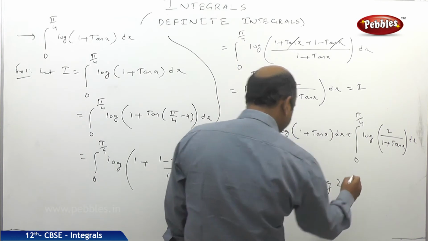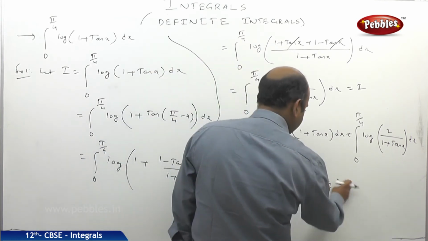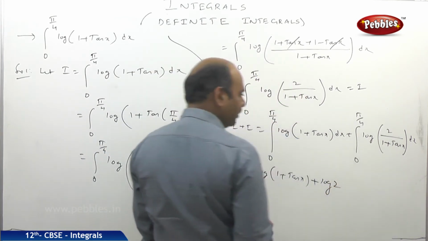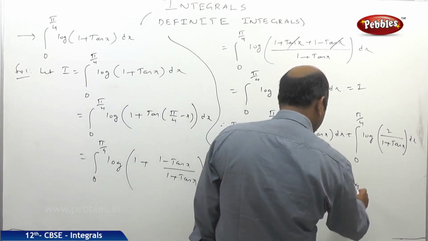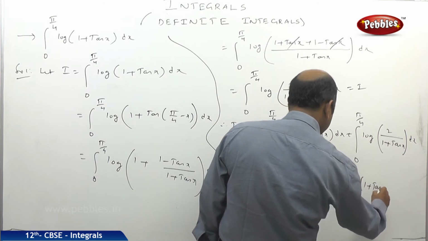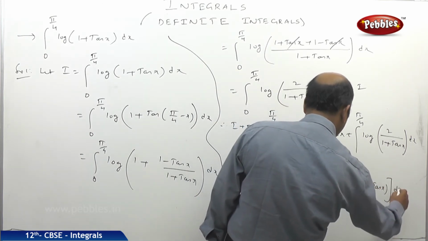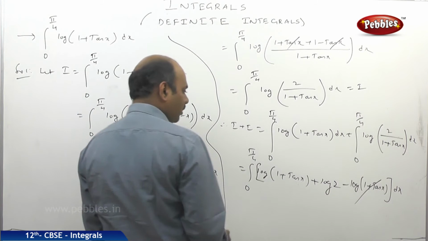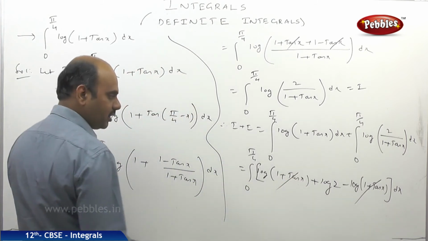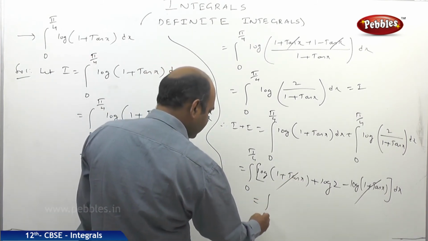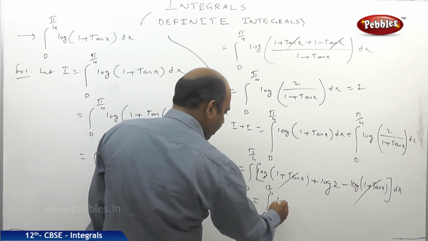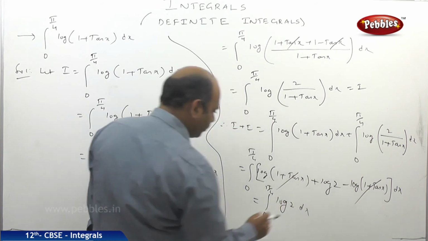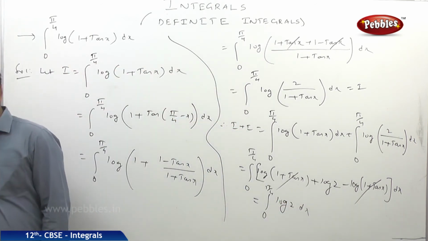Log of m by n I can write as log m minus log n. So it comes as log 2 minus log of 1 plus tan x. Now outside dx, log of 1 plus tan x will get cancelled. There remains the integral from 0 to pi by 4 of log 2 dx.